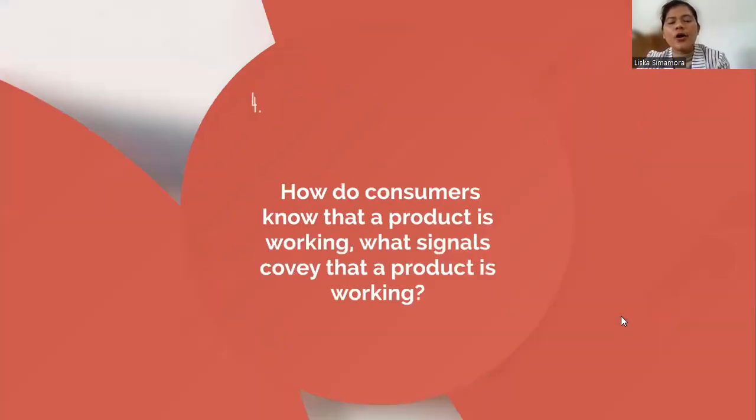And then how do consumers know that a product is working? What signals convey that a product is working? So of course, the consumers know that the product is working if we can really gather the information about the things that they prefer from one tourism spot.